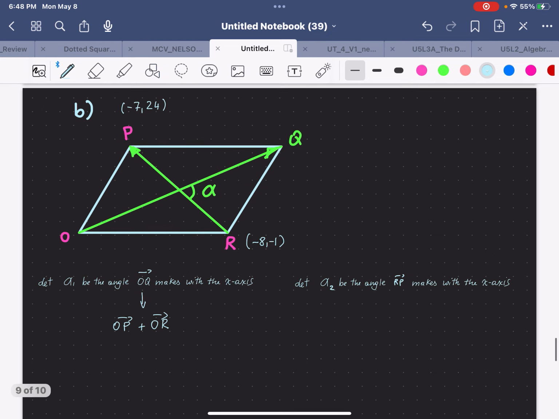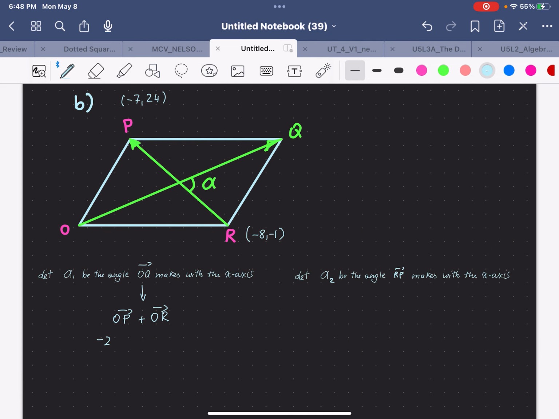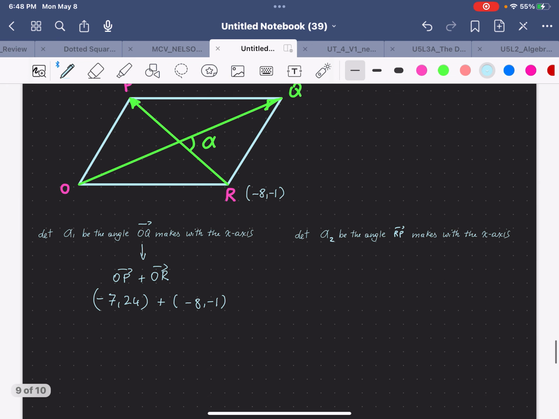So coordinates of OP are -7 and 24, plus vector OR, which is -8, -1. To add two vectors, we simply add the x coordinates together, the y coordinates together. So we're going to add this -7 and -8. That will make the x coordinate.